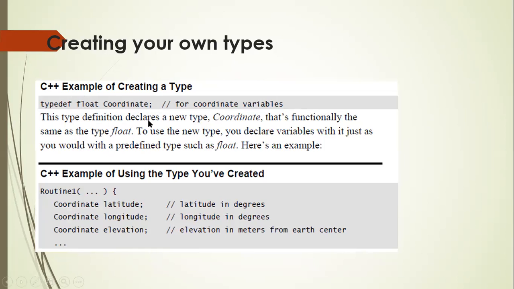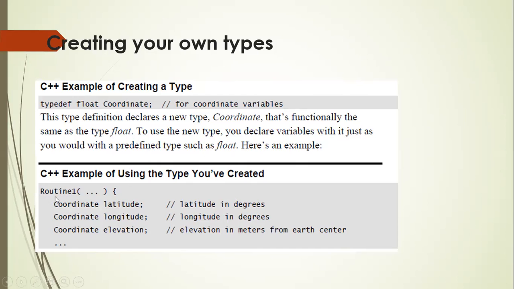This type definition declares a new type coordinate that's functionally the same as the type float. To use the new type, you declare variables with it just as you would with a predefined type such as float. Here is an example.